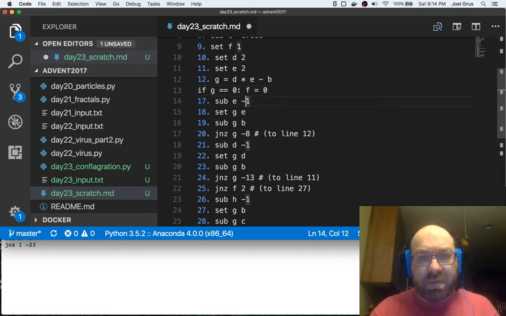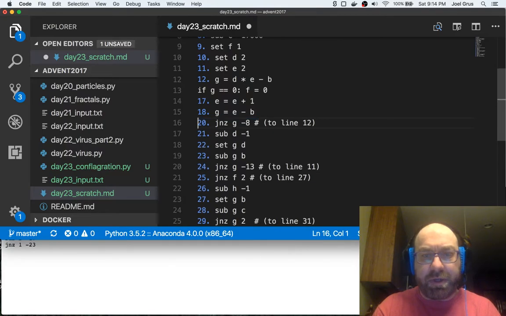And now let's look at these and say subtract from E minus 1, so E equals E plus 1. Set G equals E. And subtract off G B, so G equals G minus B. And then I can just combine these two again.